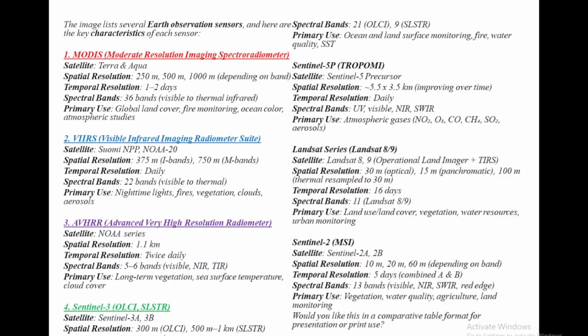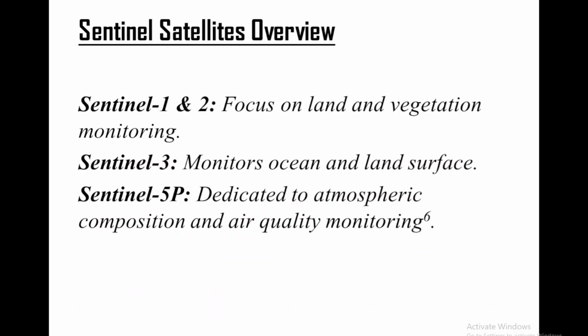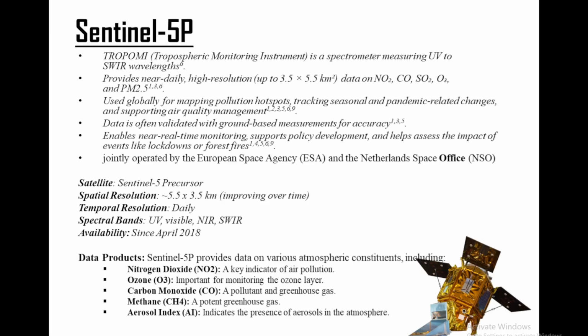The Sentinel-5 precursor satellite is commonly referred to as Sentinel-5P. It is a dedicated atmospheric monitoring mission which is developed by European Space Agency in collaboration with the Netherlands Space Office (NSO).